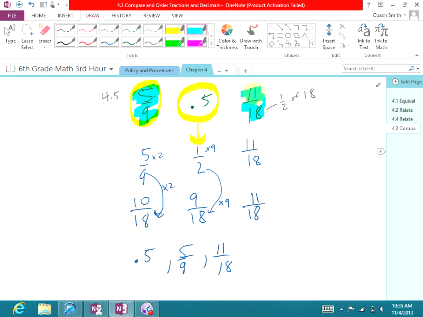So a lot of times you can just use common sense on these fractions, ordering them from least to greatest. Okay? But if you can't, then obviously change it to the same type. I changed it to a fraction. Okay, that's just 5 over 10. 5 over 10 is 1/2. Then we came up with our common denominator of 18. Okay? All right.